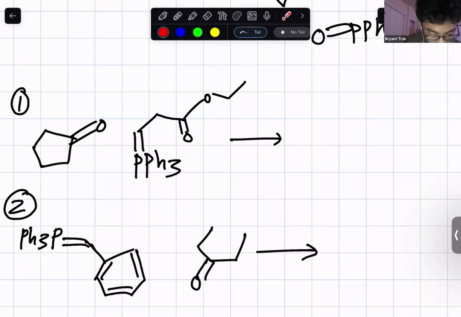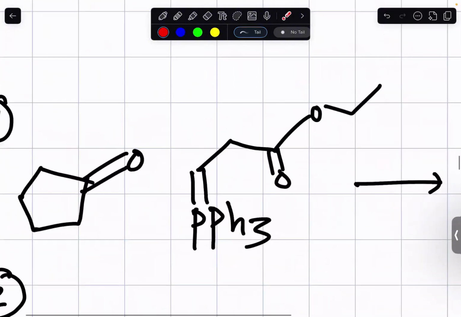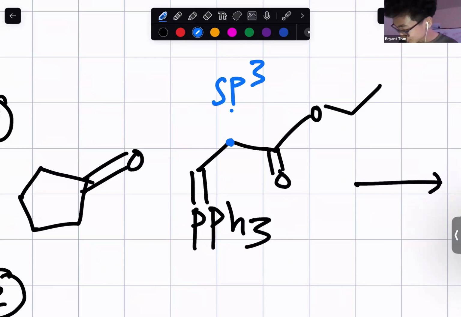Okay, so for the first problem here, I saw that you have the E alkene, right? Yeah, because there's resonance in the... This trick here that I wanted you to... Oh wait, never mind. SP3 roadblock. SP3 blocking resonance. It's okay, I just included that in case a trick question like that shows up.